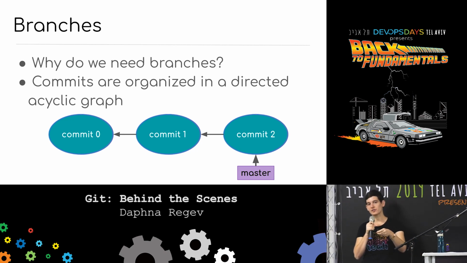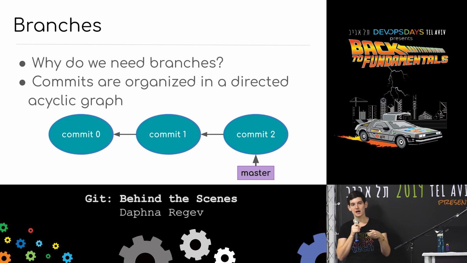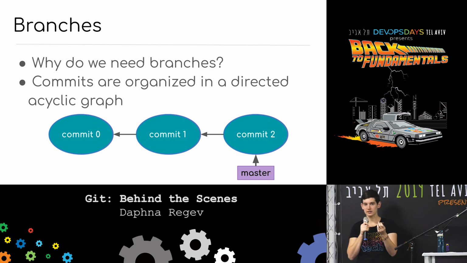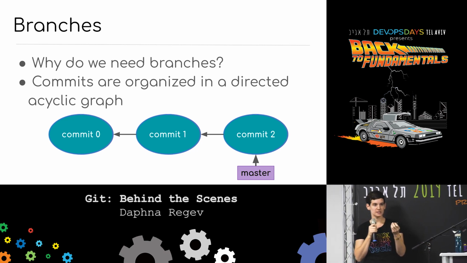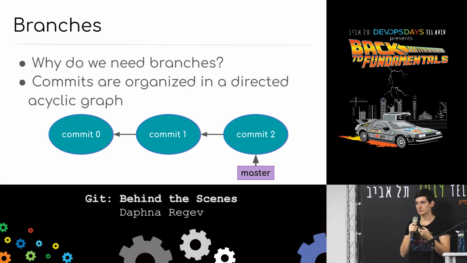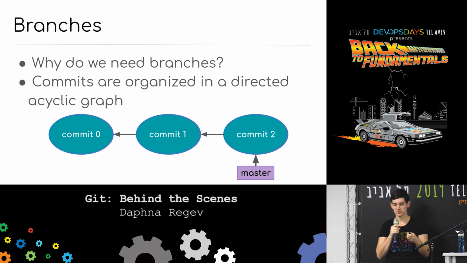And the content of the file will be the SHA-1 of the commit that it's pointing at. This commit is the tip of the branch. So now we understand that creating a new branch is just creating this small file, and modifying a branch is just changing the SHA-1 inside it, and deleting a branch means deleting a small file. And that enables this very quick work with branches.